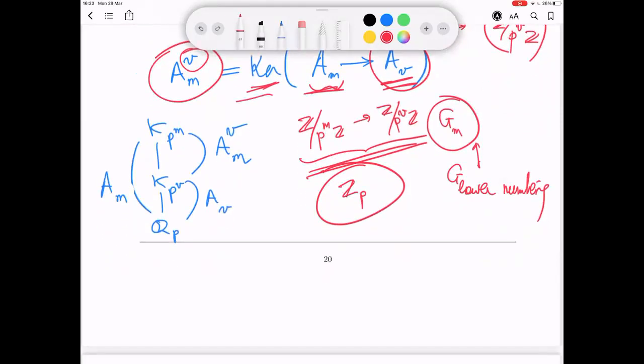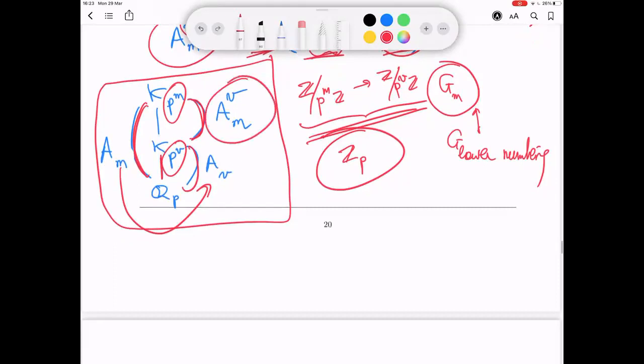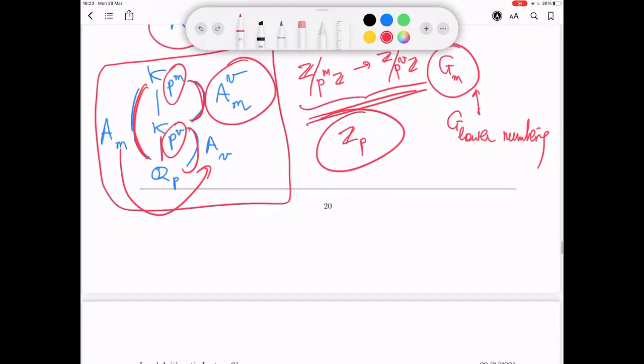So if you want to look at a diagram, this is what it is. You have Qp here, and then you have the field K sub p to the power v and the extension K sub p to the power m. The group here is A sub v, the group here is A sub m, and the group here is the kernel of the map from A sub m to A sub v, and that kernel is being denoted A sub m upper v.